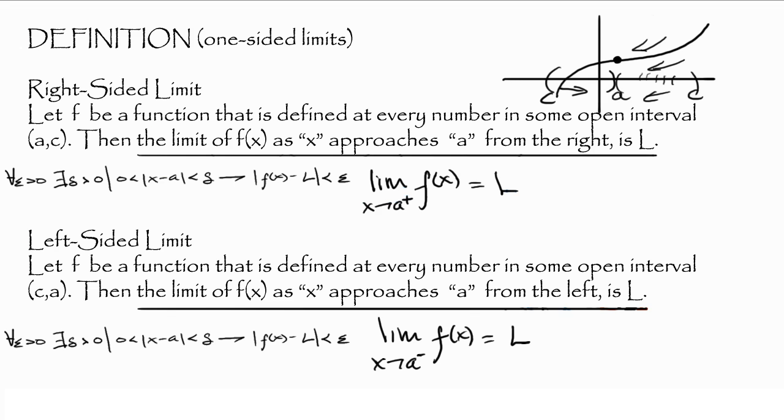I'm going to show you guys what the main change would be. It's the absolute value bars. They're not there. And when you are talking about the limit from the right, this would be x minus a. And when it's coming from the left, it's going to be a minus x. Okay.